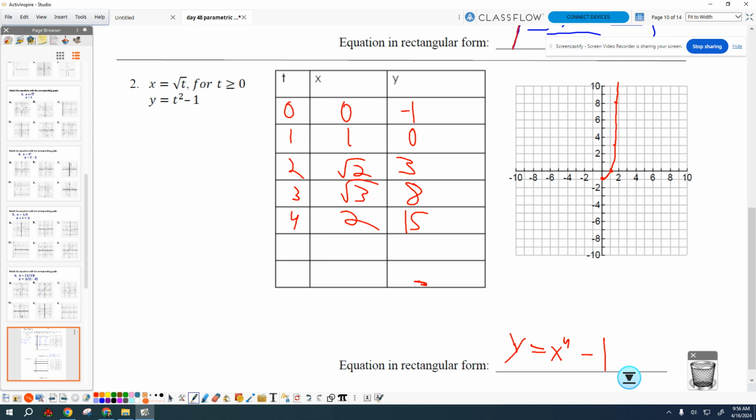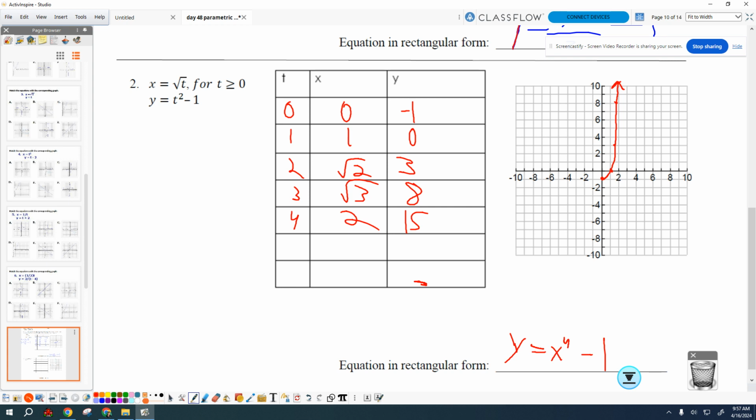No guarantees. And this one says time greater than 0, can I put an arrow on it? Yes, because it says forevermore go that way.